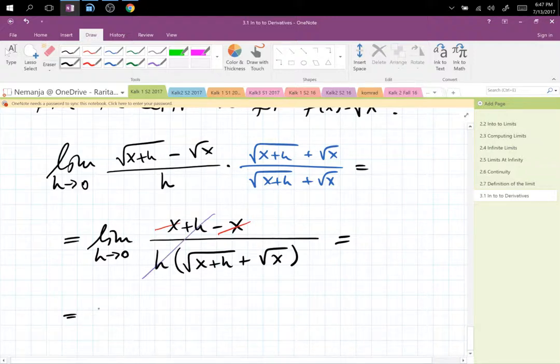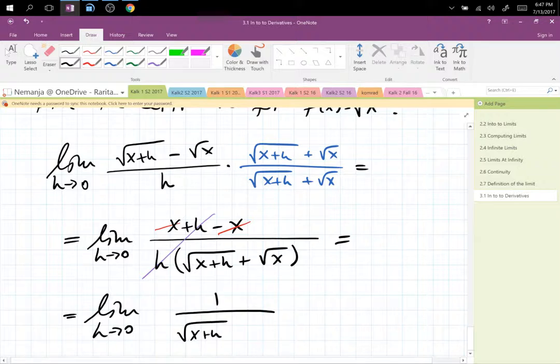So now we have the limit h goes to 0 of 1 divided by square root of x plus h plus root x. So when you send h to 0, all you have is root x plus root x. And how much is that? 2 root x. Apple plus apple is 2 apples.